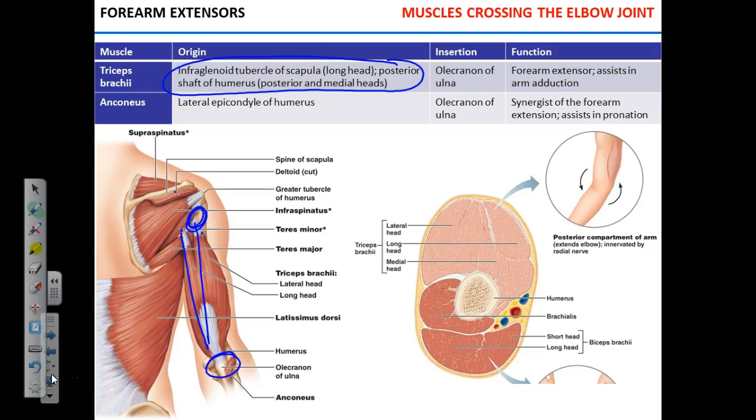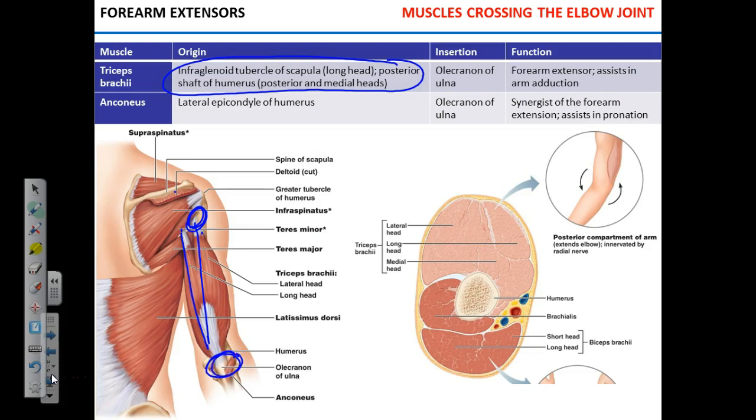That's it. However, think about this. Since triceps brachii originates at the scapula and is inserted in the ulna, by contraction it can be a synergist of the adduction of the arm. Does that make sense?